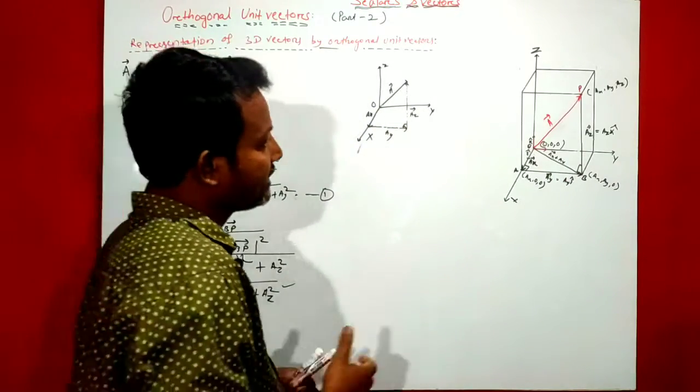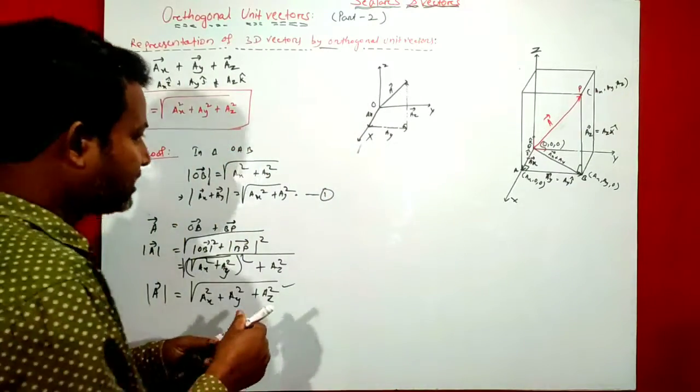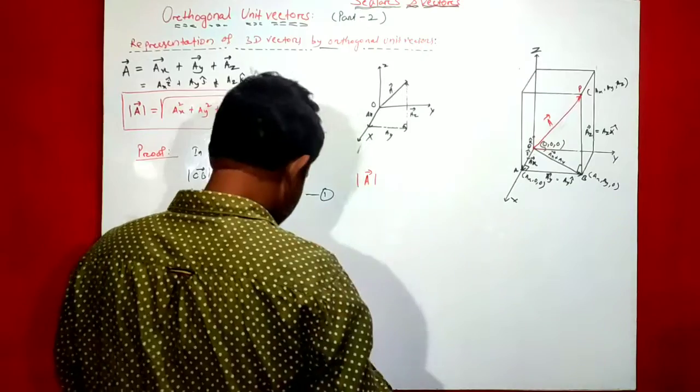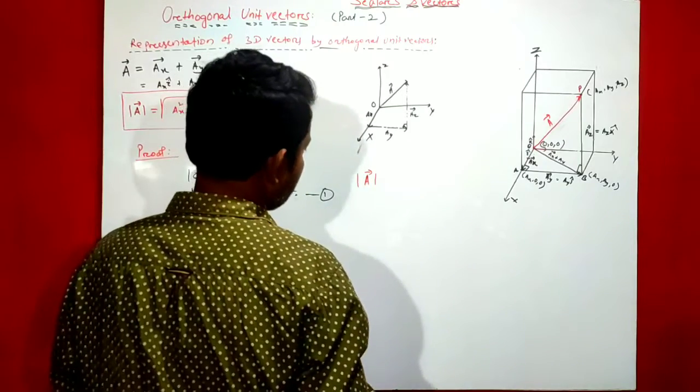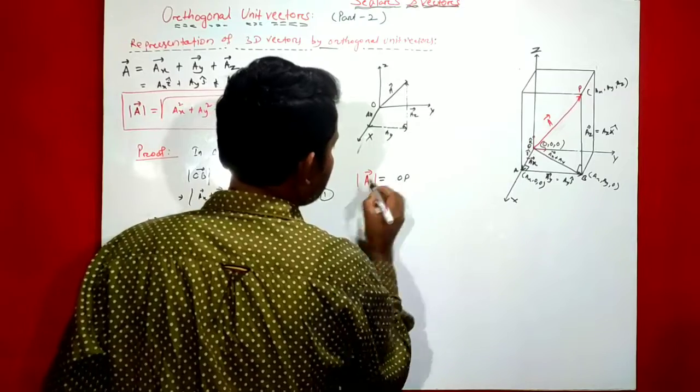Then we can find the OP distance. The magnitude of A vector is equal to OP.